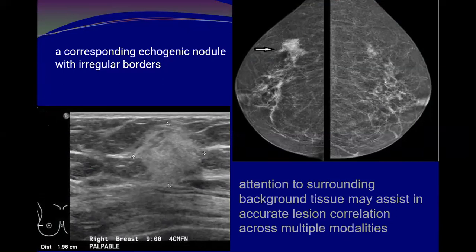Generally, when I look for lesions on mammography and at ultrasound, if I have seen it in a CC view, it will be much easier because it will tell me whether it is in the medial or the lateral breast.